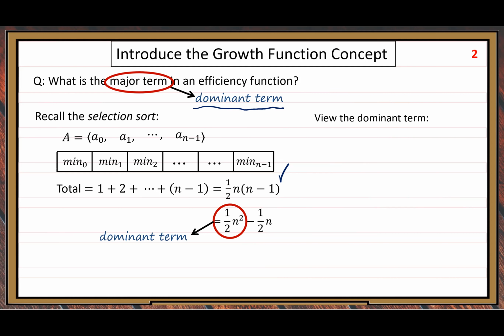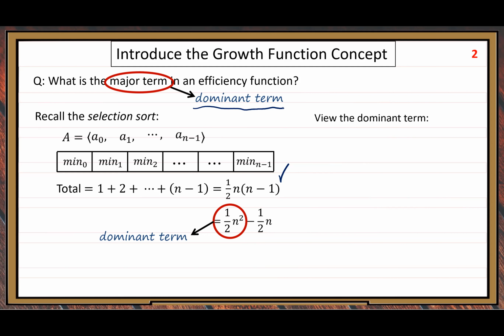Before we go to that, just one step, I'd like to explain how we view the dominant term. Why do you say it's dominant? You may have this question. Why do we say the first term dominates the whole expression?